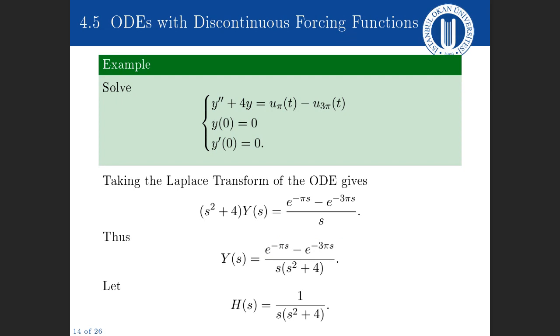Let capital H be 1 over s squared plus 4. Step 1 is to find the inverse Laplace transform of capital H. And then step 2 is to use the shifting formula to find small y.